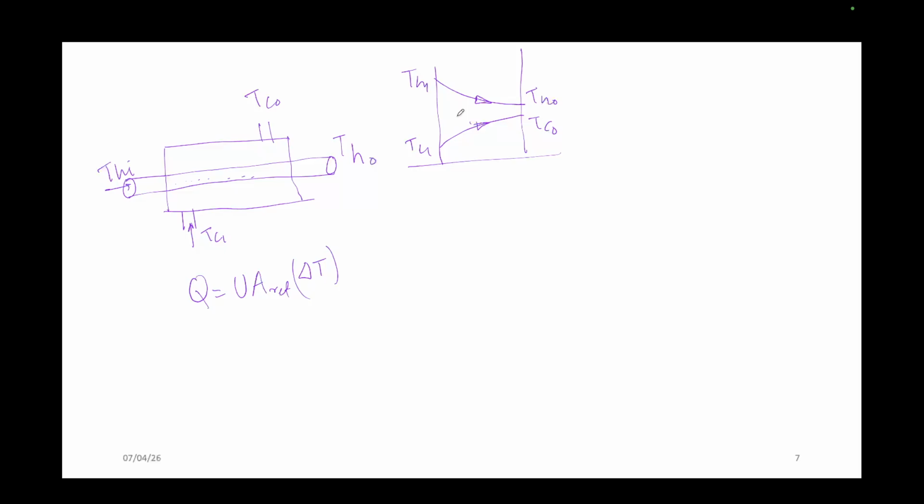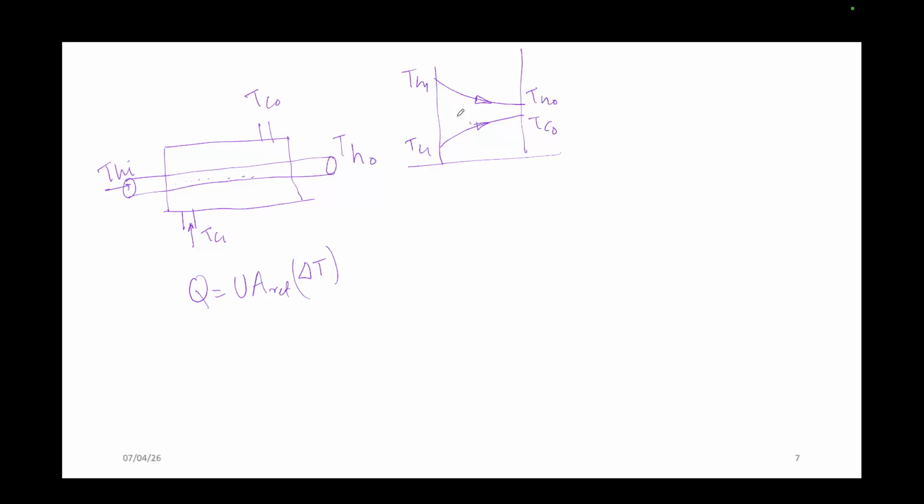So which temperature will you take? That will be the question, because I can't say that this can be the temperature or that can be the temperature. Have you got this thing?